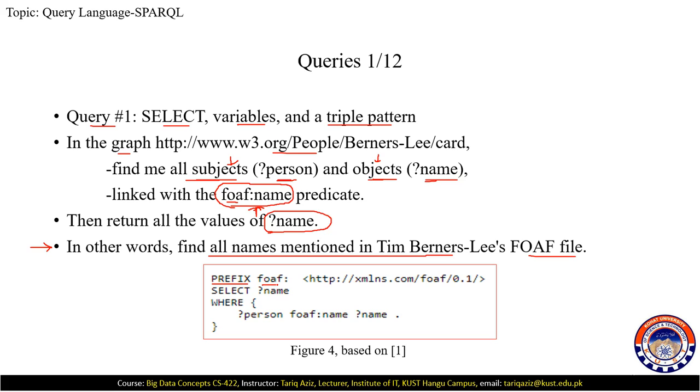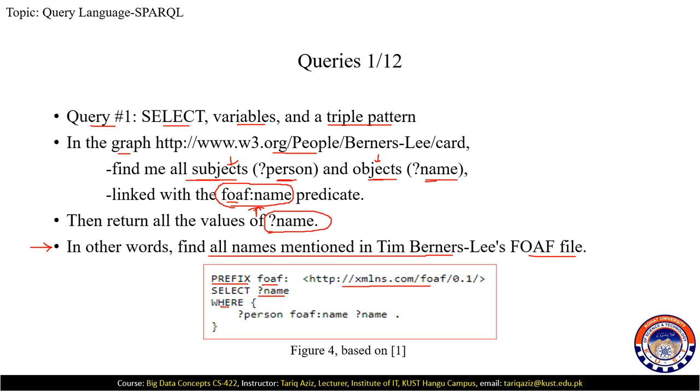Then the name of the dataset, which is FOAF, and then colon, and you mention your resource. This is our URL, or you can say our URI. Now, what we need to extract from our resource is the name of the people, so question mark name. Why we use this question mark, we will discuss on the next slide.